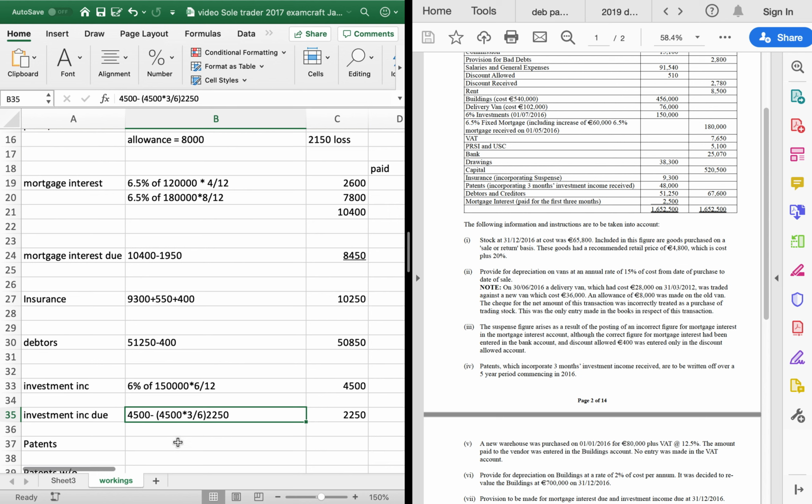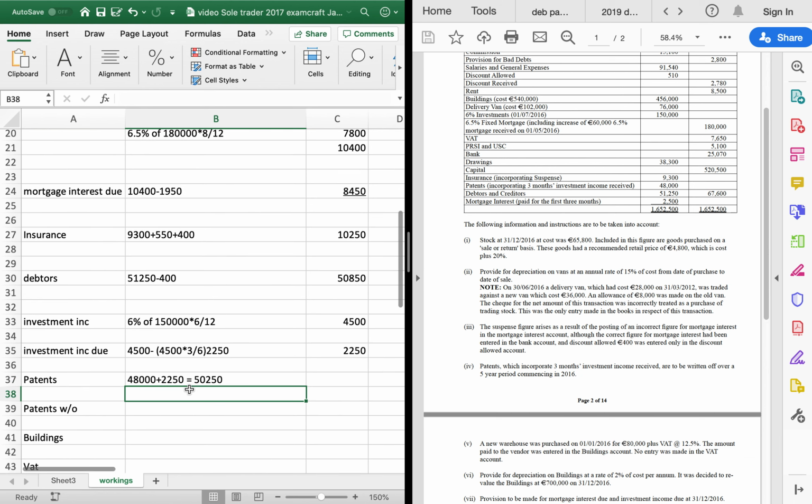This 2,250 then, it's this one here, not this answer over here. This 2,250 gets added to patents because it incorporates it. So to get rid of it, you have to add it on. So it's 48,000, and we have to add 2,250. That brings us up to 50,250. And it tells us then that patents are being written off over a 5-year period.